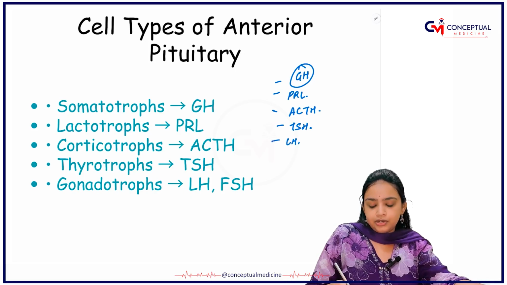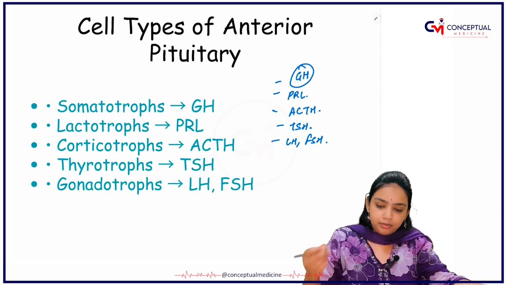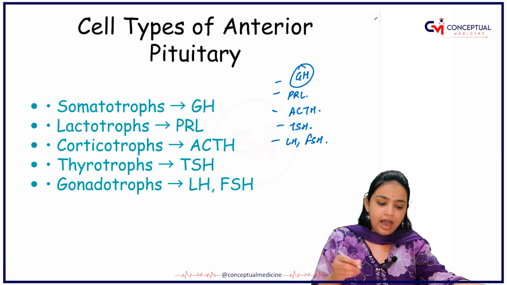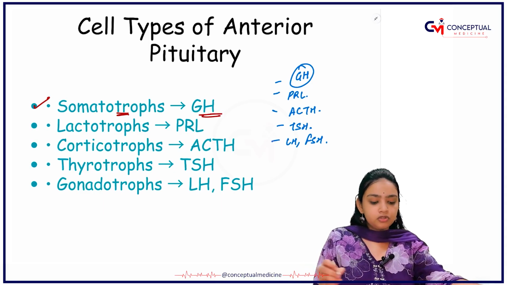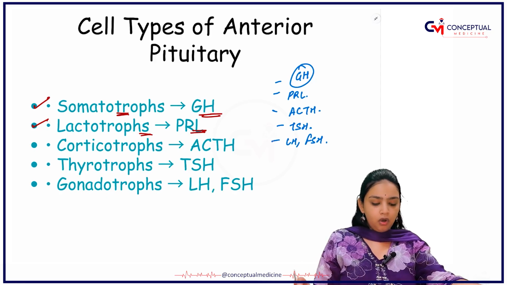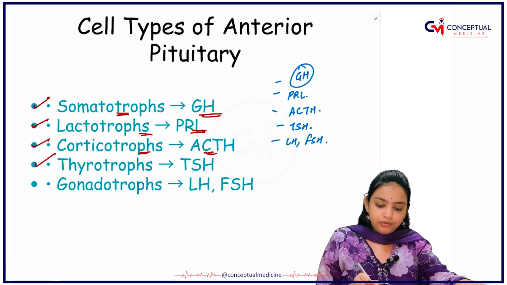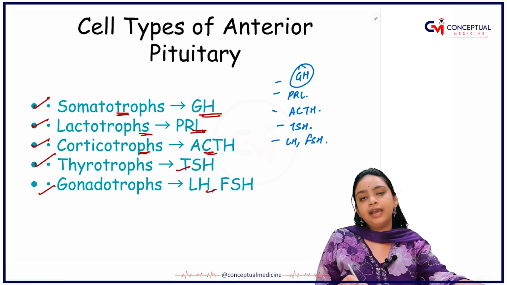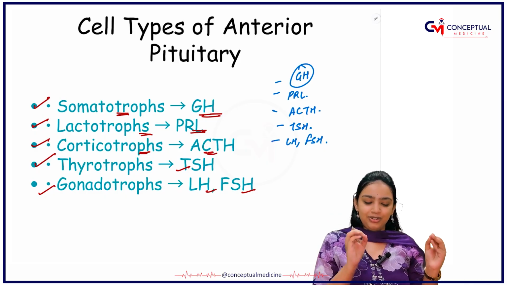Then you have LH and FSH, which are your gonadotrophs. Let's revise: somatotrophs for GH, growth hormone; lactotrophs for PRL, prolactin; corticotrophs for ACTH; thyrotrophs for TSH; and gonadotrophs for FSH and LH, okay.